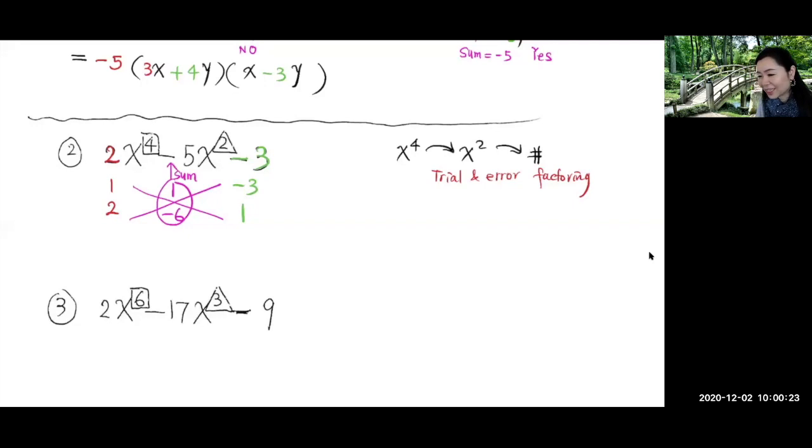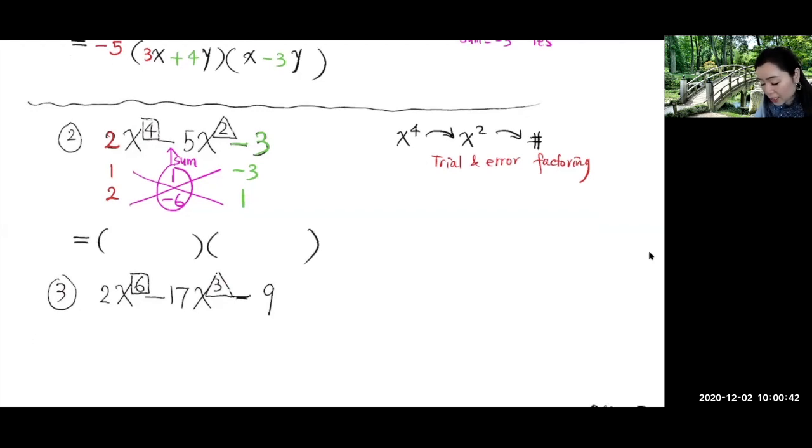Good. Now if it doesn't work, you can try to switch the 2. We can write the factoring over here. How do you read this? Because this is x to the 4 power, and this is x to the 2nd power, this x to the 4 power actually factors into x to the 2nd times x to the 2nd.